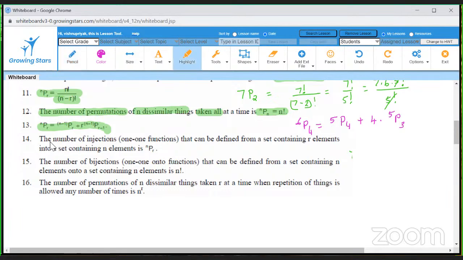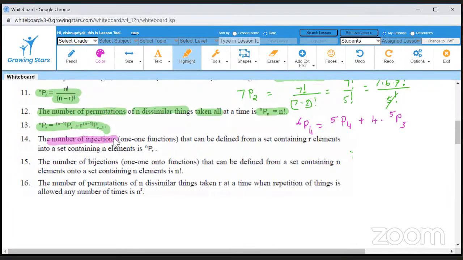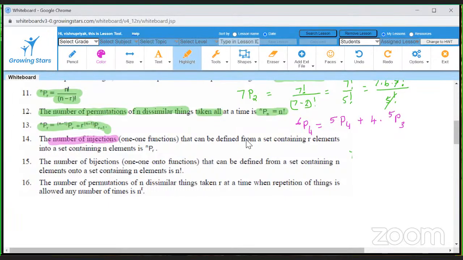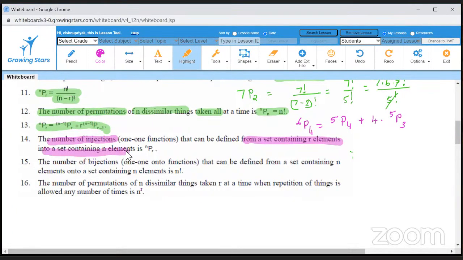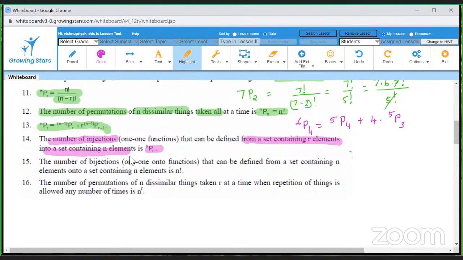Next, the number of one-to-one functions from a set containing r elements to a set containing n elements is NPR. One-one functions we are seeing. All these are shortcut methods you have to remember.